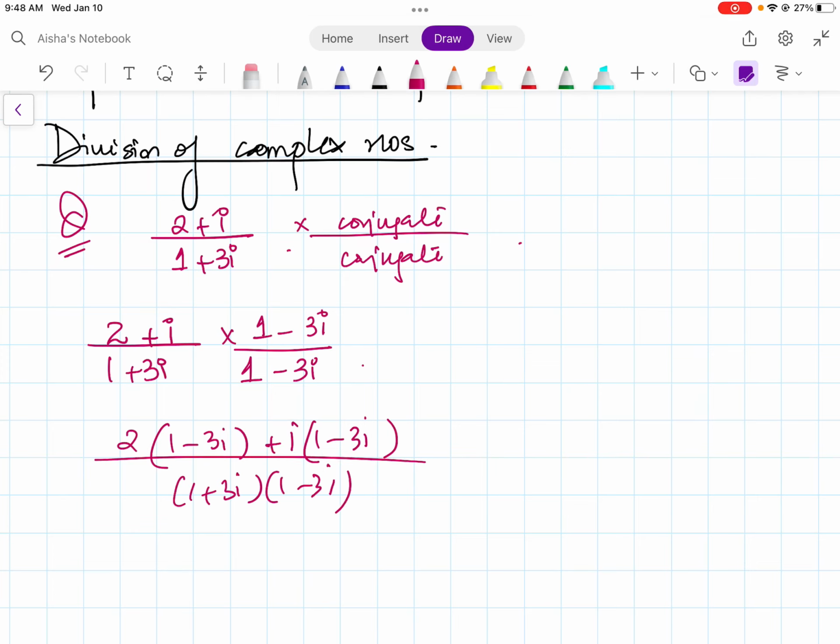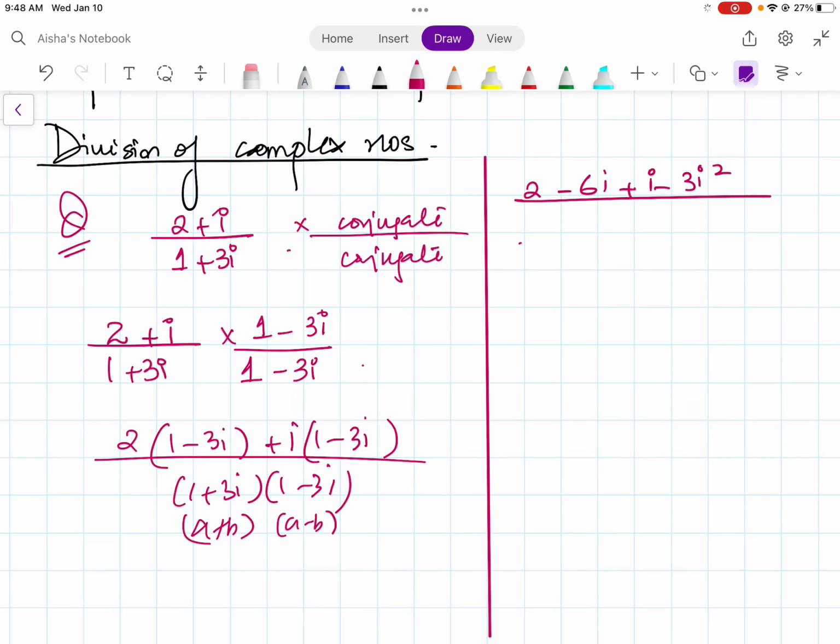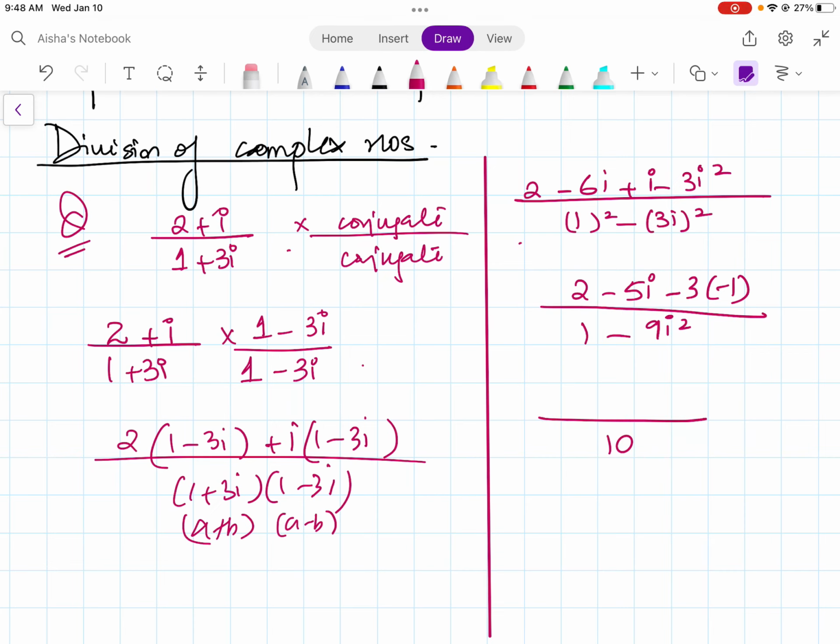We'll apply the identity of a plus b into a minus b. That will become 2 minus 6 iota plus iota minus 3 iota square divided by 1 square minus. Write it separately.